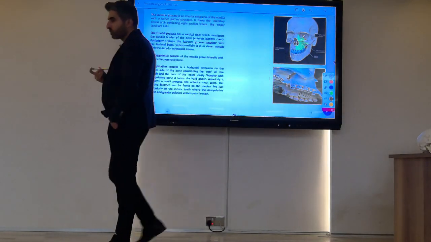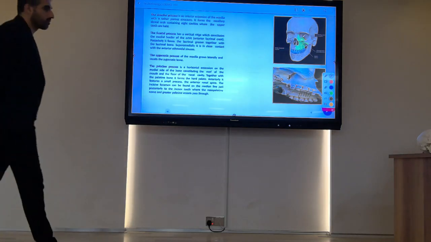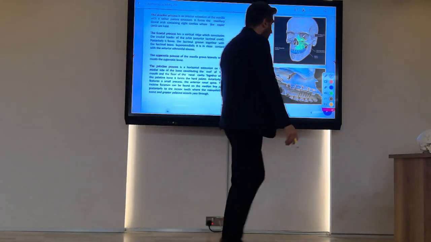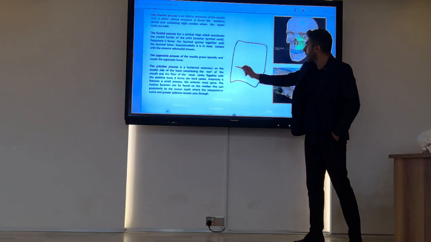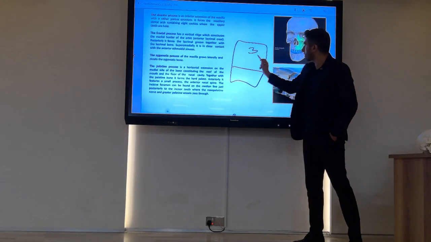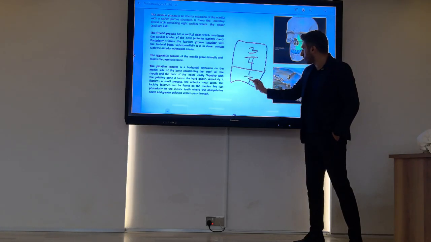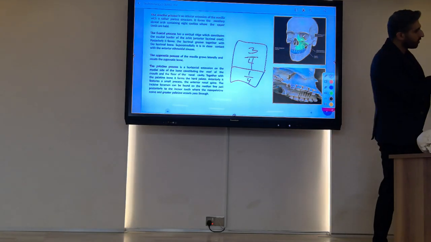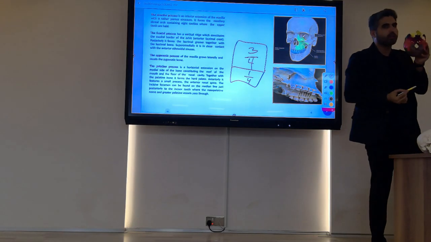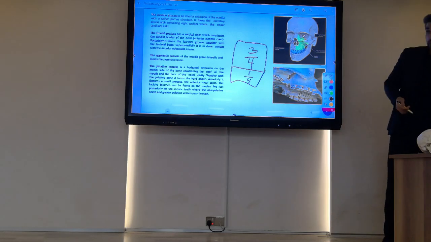If you see the hard palate, the anterior 3/4 is formed by the maxillary bone and the posterior 1/4 is formed by the palatine bone. You can see here, the posterior 1/4 is by palatine, but the anterior 3/4 by maxillary.